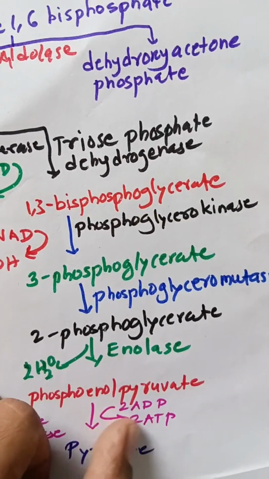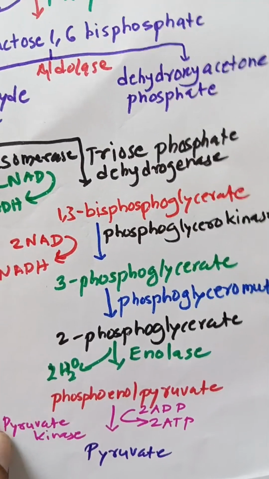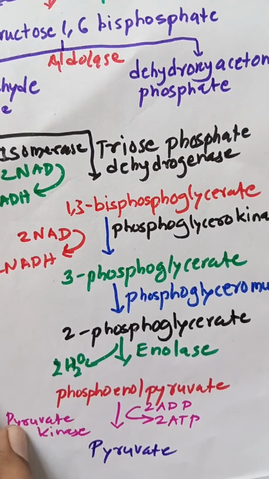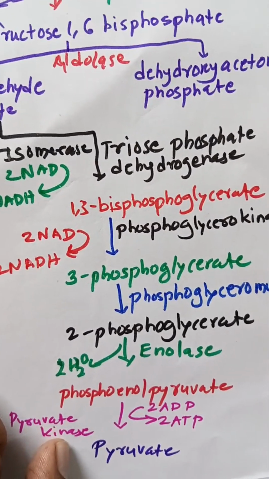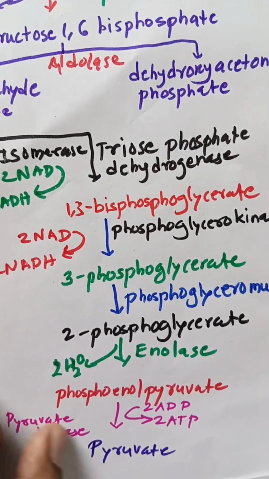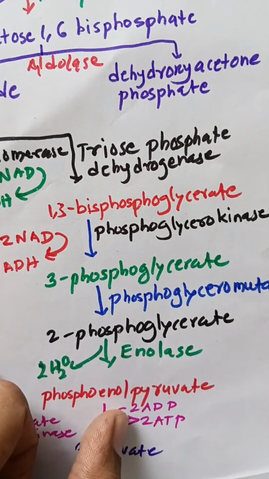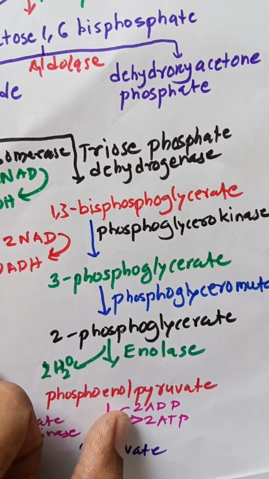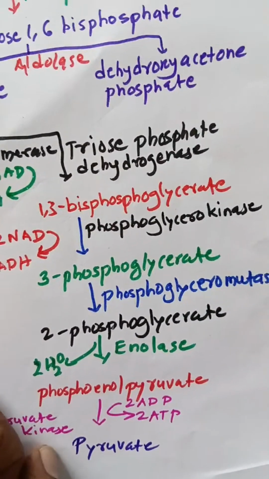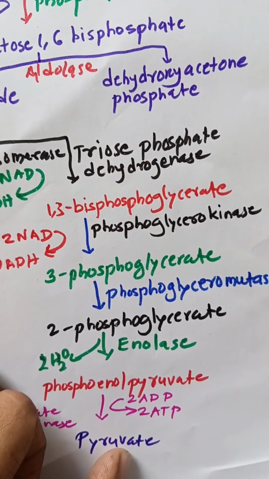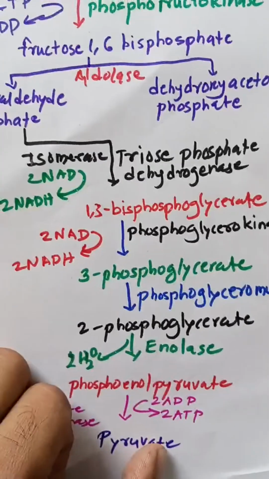New energy, new molecule, energy molecule is formed. So your journey started very fast to Kuwait, pyruvate Kuwait, sorry, pyruvate kinase, and because the richest man gave you money, 2 ADP convert to 2 ATP, and the final stop is Kuwait, pyruvate.